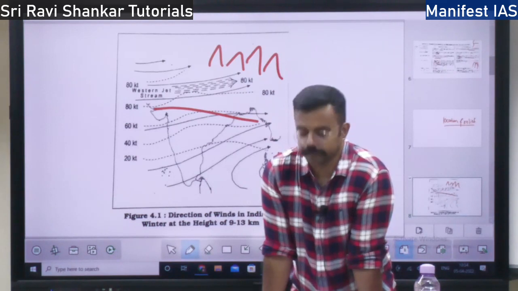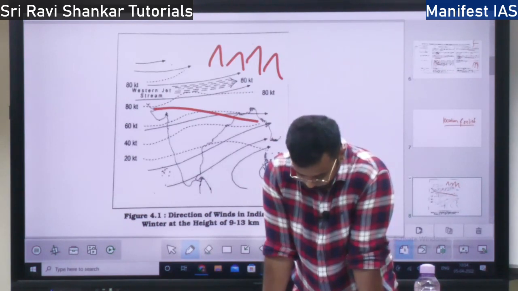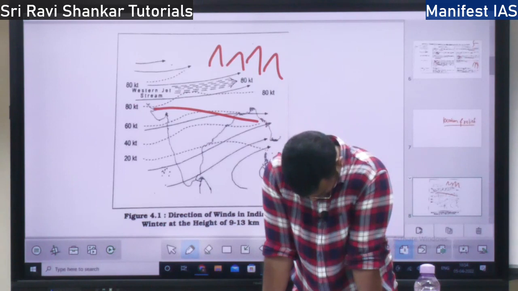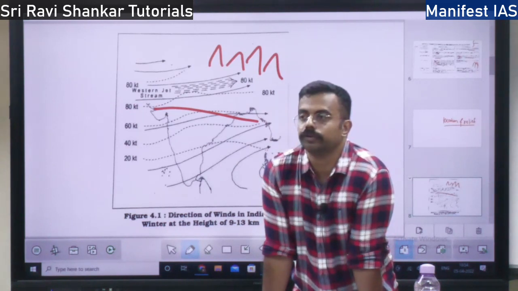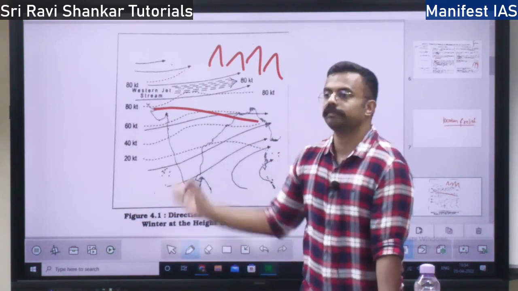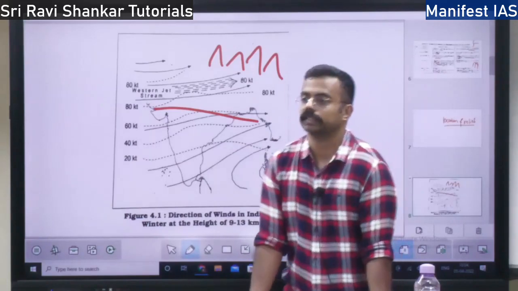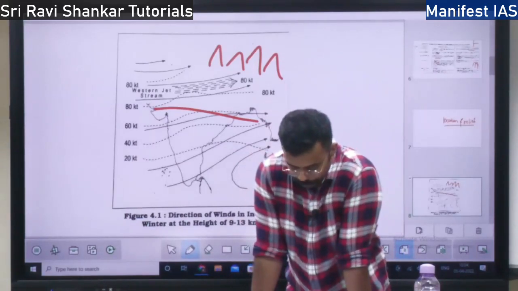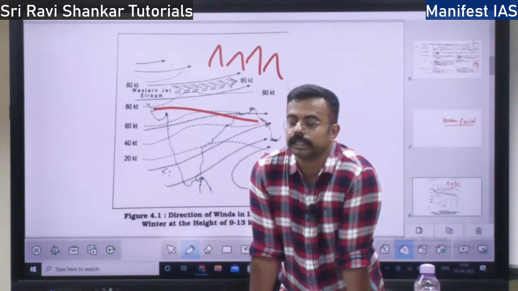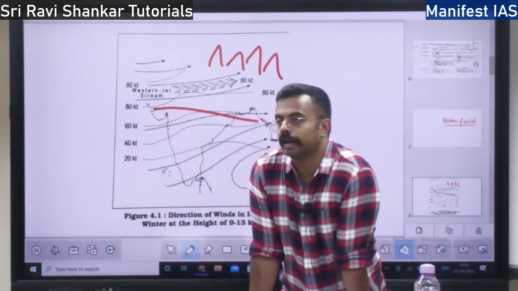With respect to location, look at the location of India. Towards the north you will find mountains, whereas towards the west, south and east you will find oceans, right? So there is a lot of water and a lot of land. What happens?